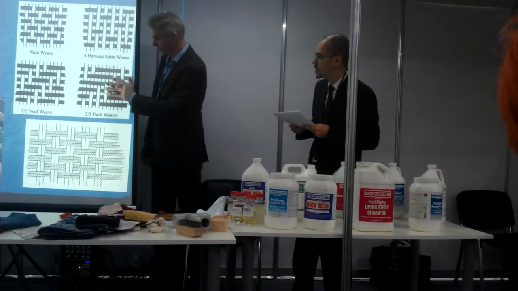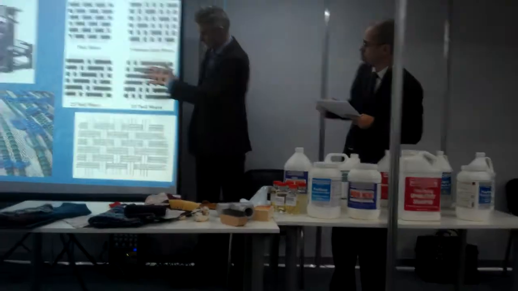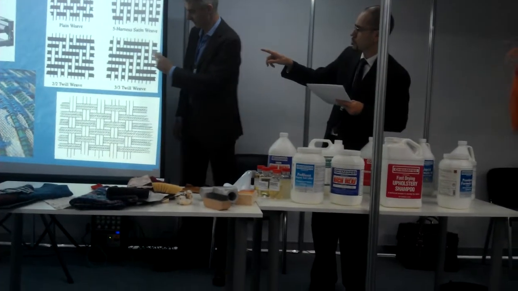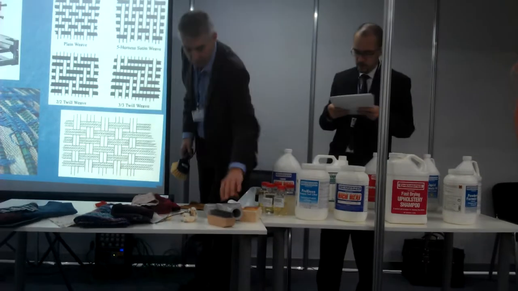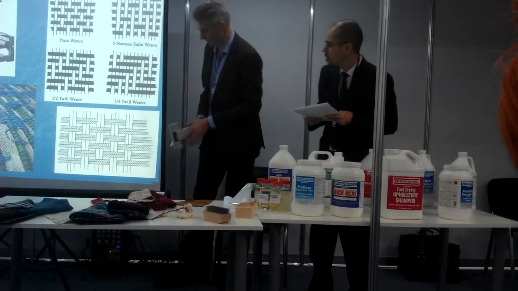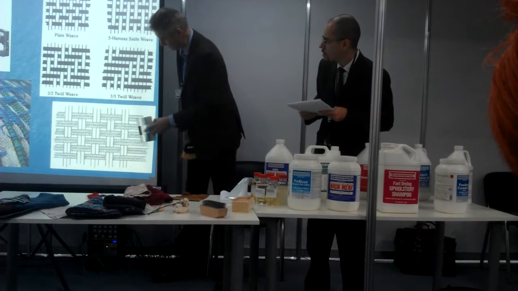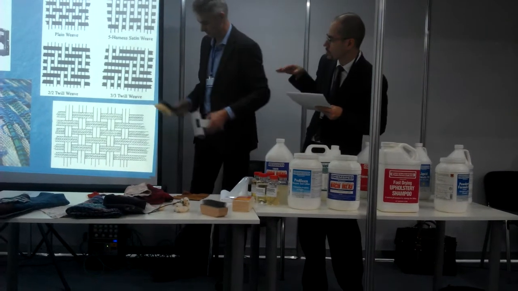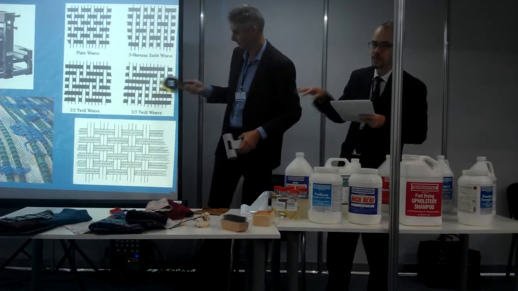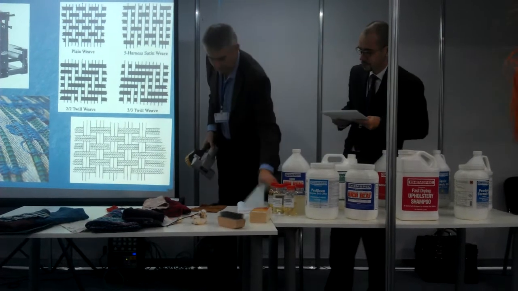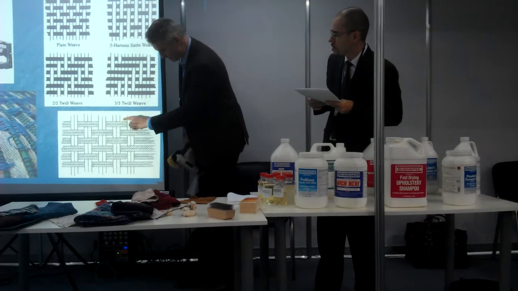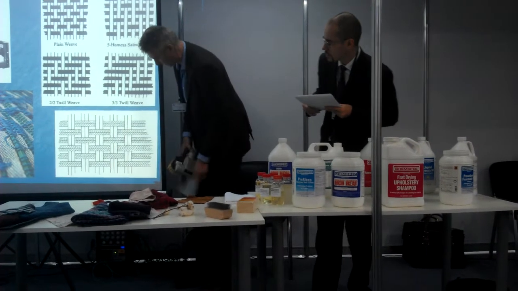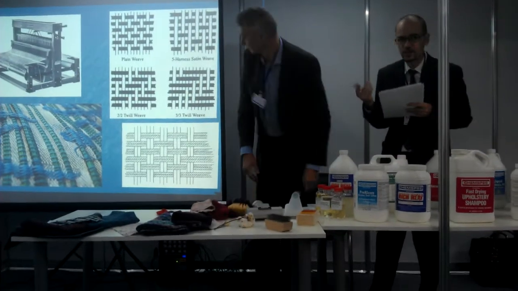If you can imagine we're cleaning this twill weave, we have to be careful to work with it in this direction. Because if we're not careful, we can roll this yarn.